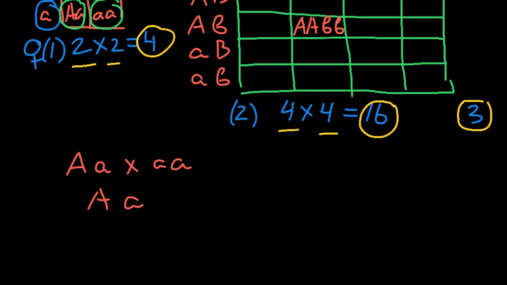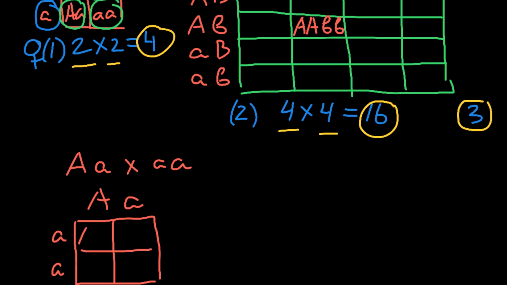So parent 1 heterozygous, parent 2 homozygous recessive. And in this case, let's see what we are going to get. So capital A, small a here, small a here, capital A, small a here, and small a here.